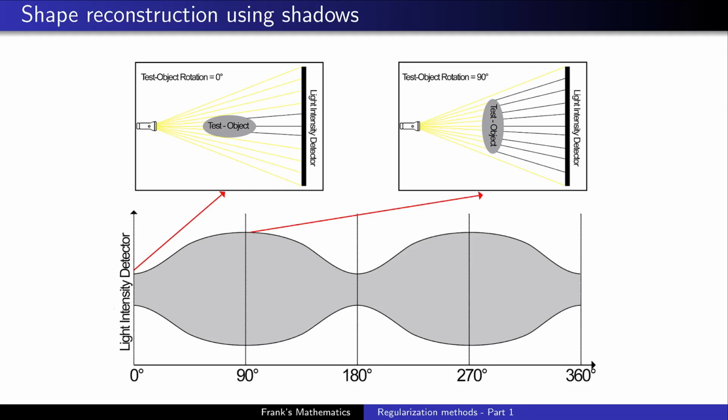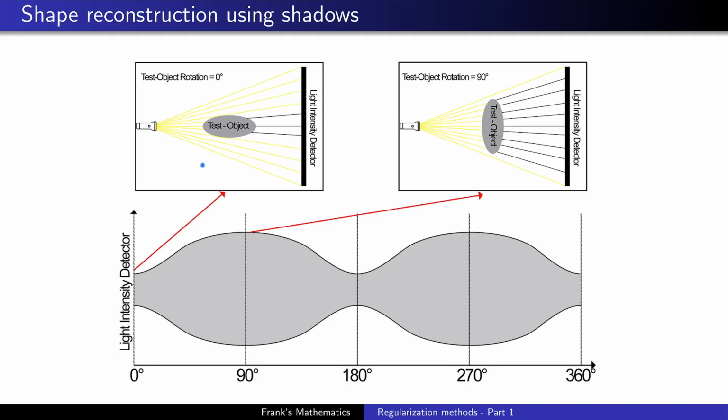Well, let's start with the black box. The black box is of course our physical system with the light source here and the light intensity detector, and we rotate our object here. This is our black box. And now we can define our forward problem.